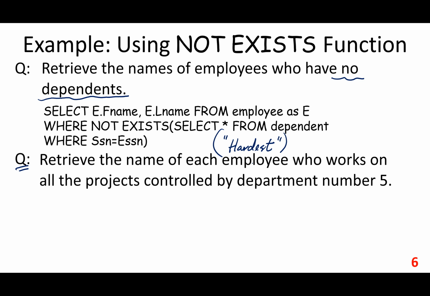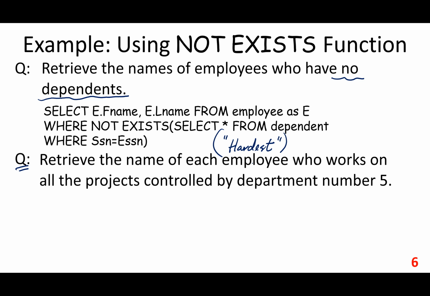Now, if we have that list of projects, we want to make sure all the projects are controlled by department 5. That's the second part of the condition.